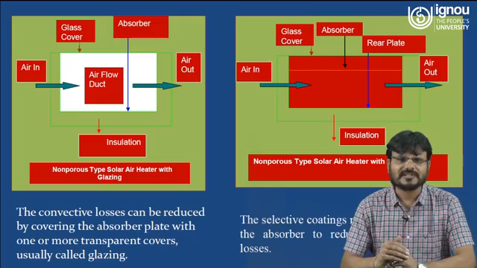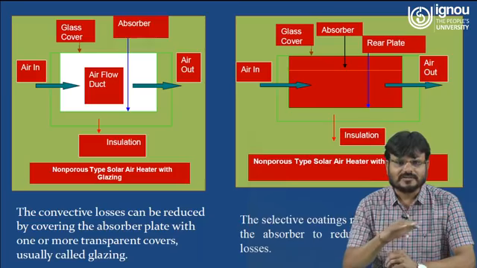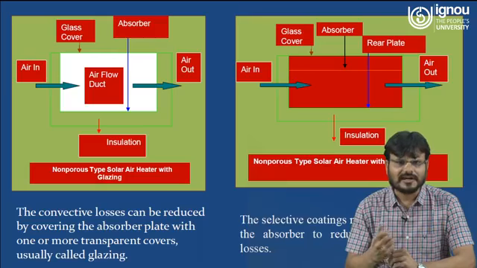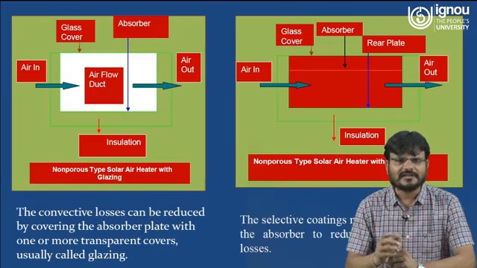So what happens here? Solar radiation comes on the top surface of the glass, and it is short wavelength radiation which has high energy. This energy is transferred to the chamber, and because the absorber is a blackened surface, the heat coming in the form of short wave radiation is absorbed by the absorber.